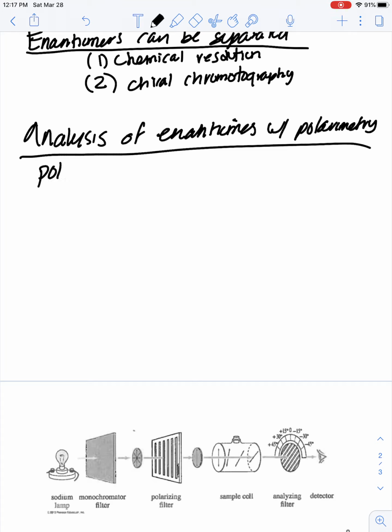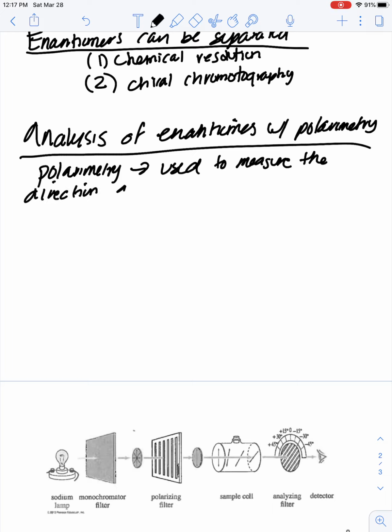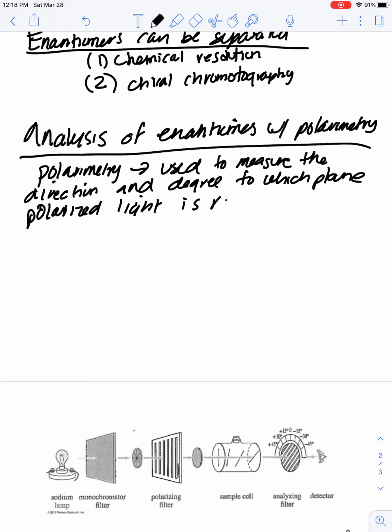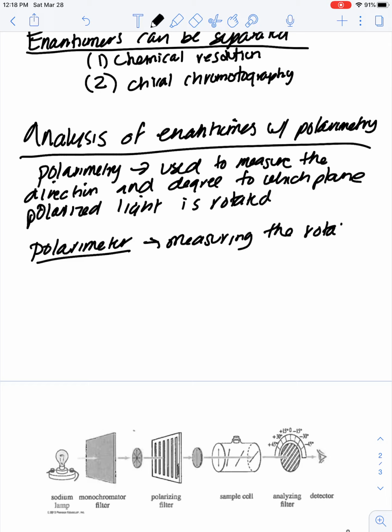Polarimetry is used to measure the direction and the degree to which plane polarized light is rotated. The way that we do this is we use a polarimeter, which is what is measuring the rotation of the polarized light.